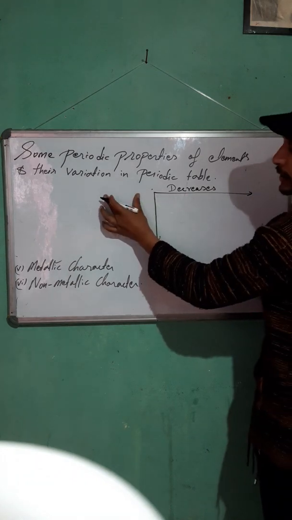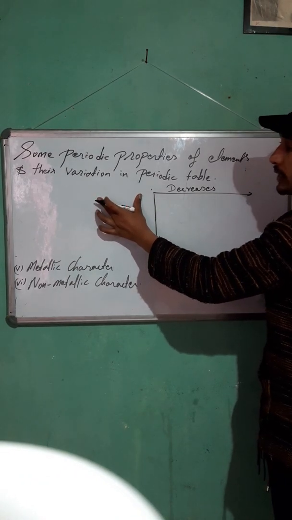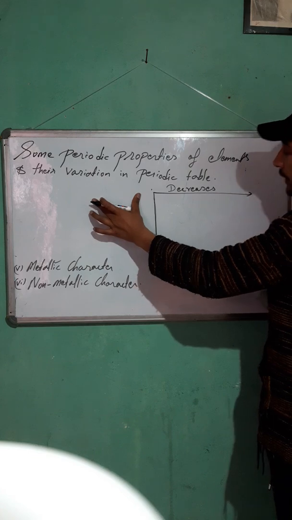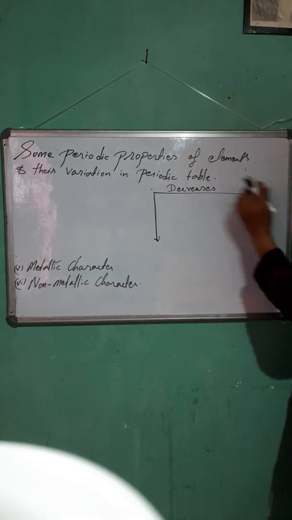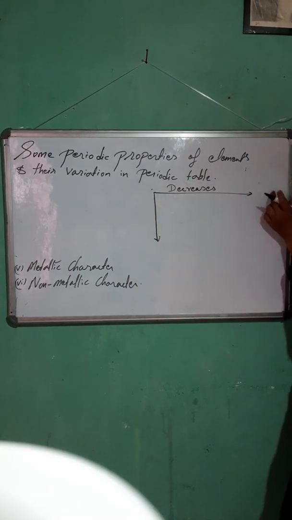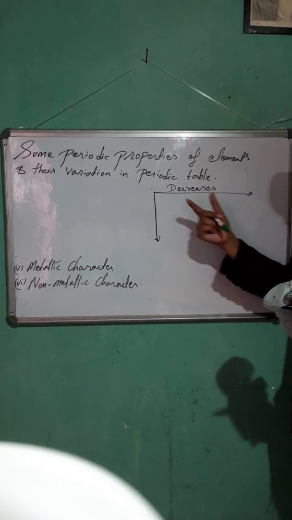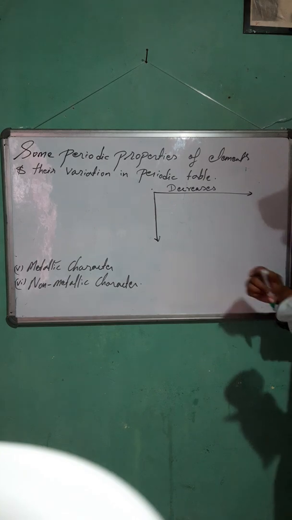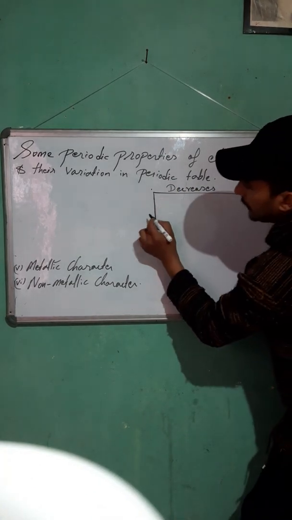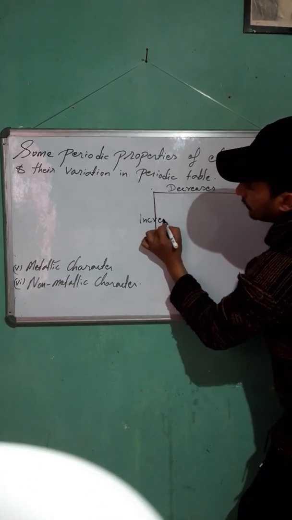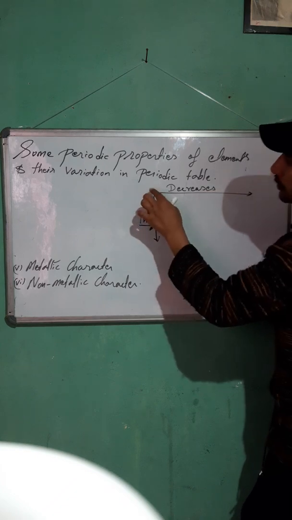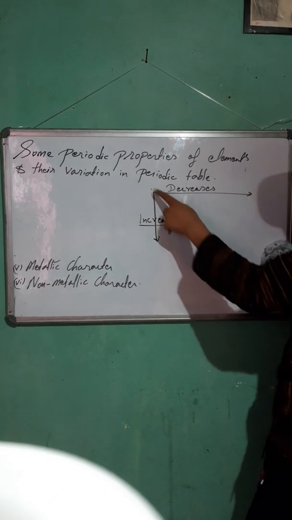On the left side of the modern periodic table you will have strong metals, and when you move towards the right-hand side, the metallic character slowly decreases, and ultimately on the right-hand corner the elements will be non-metals. Down a group, it will increase. Down a group from top to bottom.